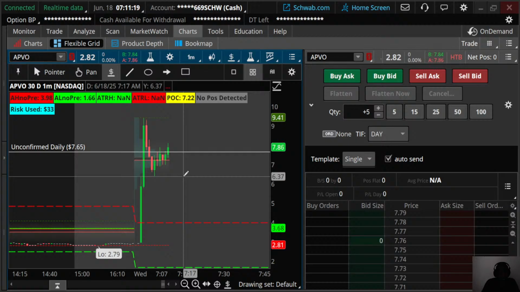All right, so 765s is that level right now. Is it gonna hold under that? So multiple times testing that 765 level.